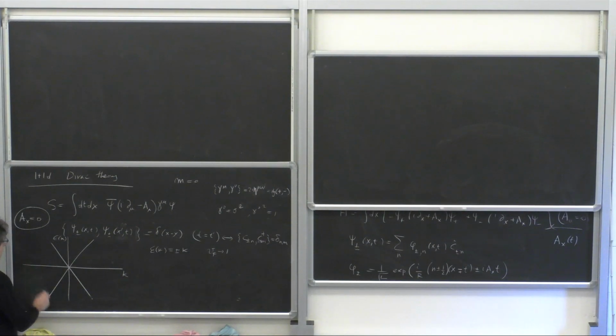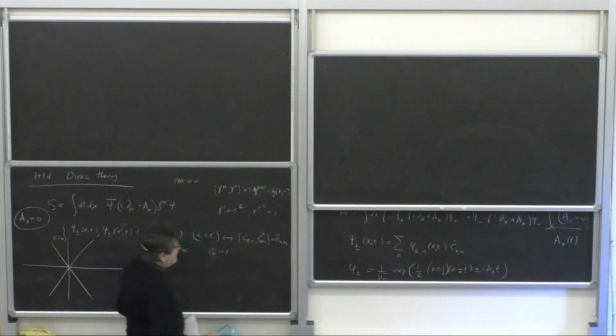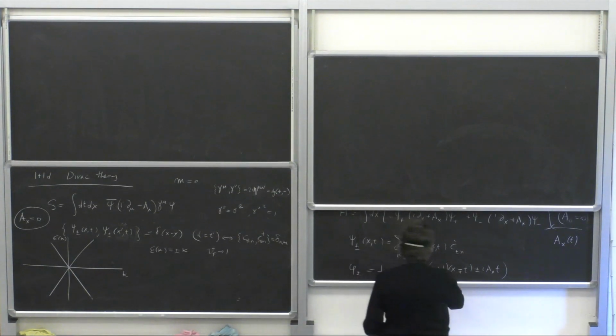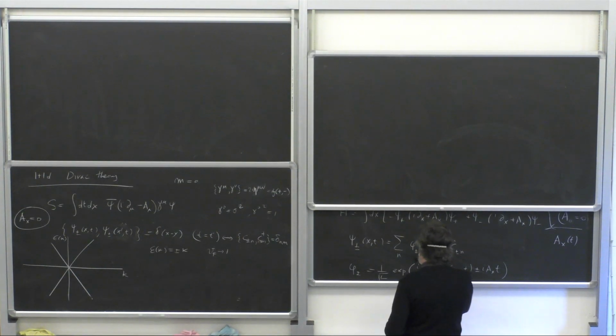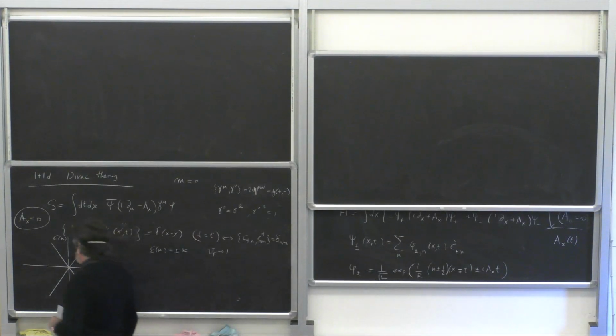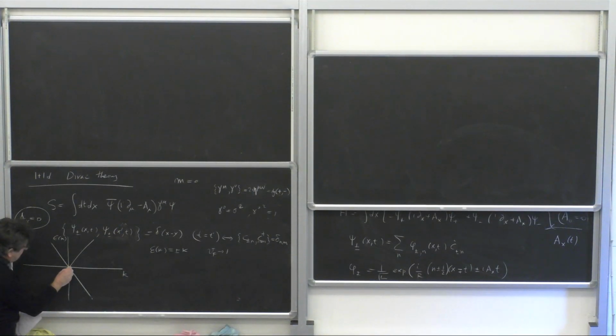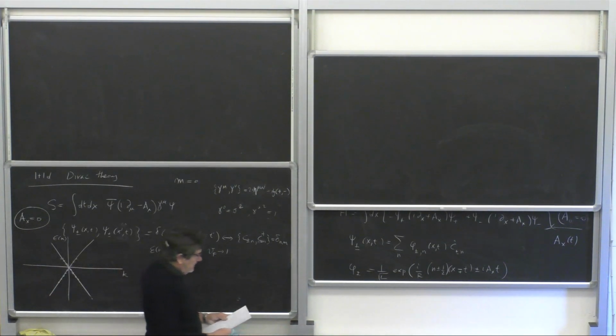To be precise, because of the 1/2, due to antiperiodic boundary condition, there is no state here, but there is a state here, here, here, here, here. They are filled, and these ones are empty. And the Fermi surface you put exactly at 0. It's in between, okay?